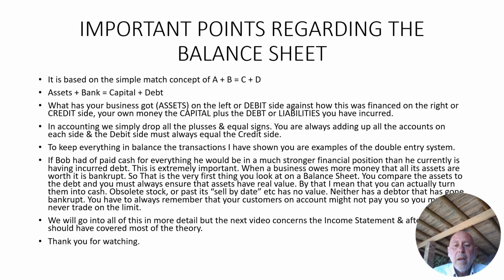Okay? And then what I've shown you, just by doing a couple of very simple transactions, is there are always at least 2 entries to keep your accounts in balance. It has to be like that, as you have to do something to the one side and then the same amount of money to the other side. And that is called in accountancy the double entry system.